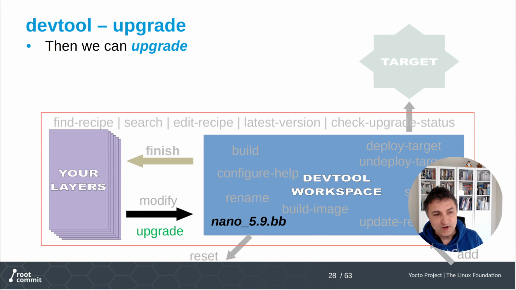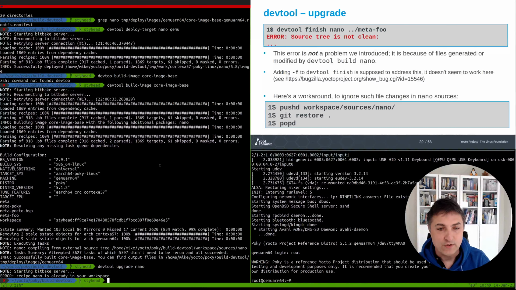And then we will be able to run devtool upgrade from our layers, from meta-foo, and try to upgrade to the latest version of nano, which is 5.9. So let's go ahead and try to run devtool finish nano and the target layer.